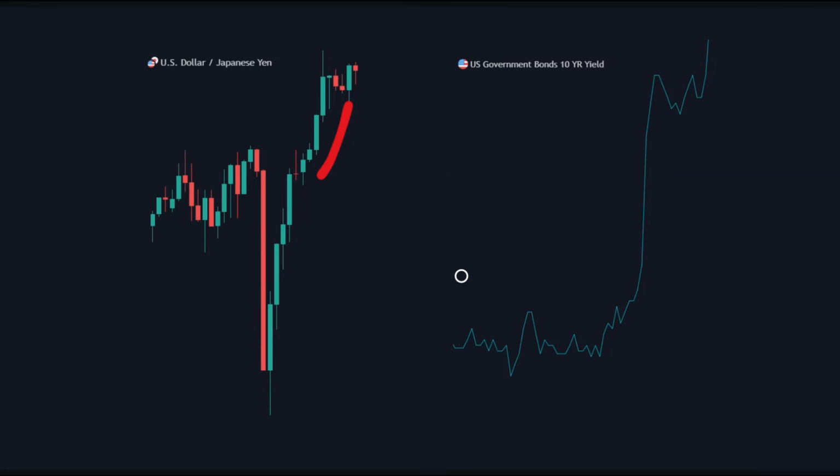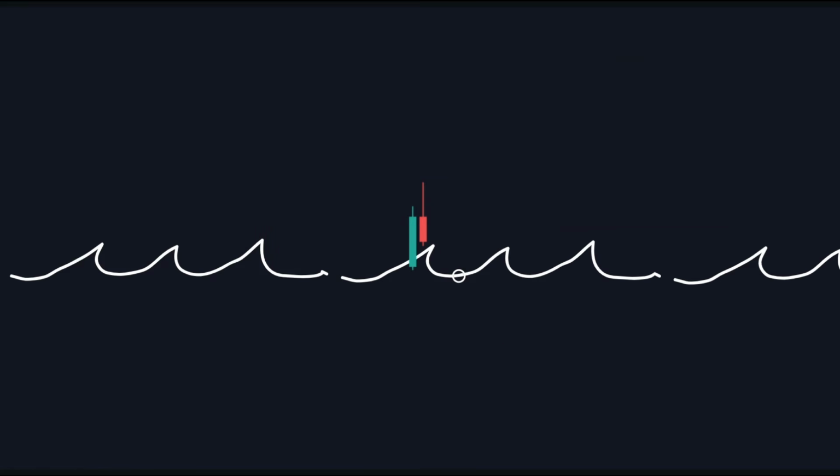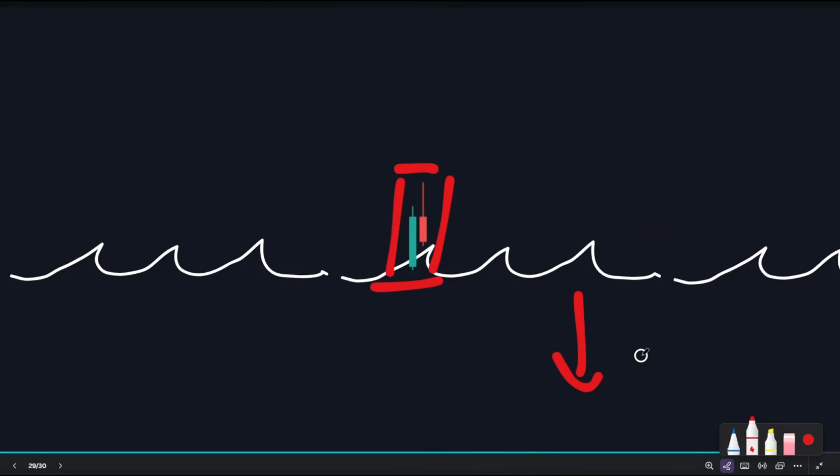Now, does this mean you can buy or sell a currency just because bonds said hawkish or dovish? No. What I'm showing you in this video is how you can and should use yields to confirm whether the currency you're watching is moving with intent. Again, above the surface, price action; under the surface, yields and the macro context.